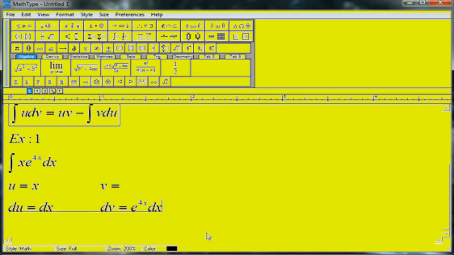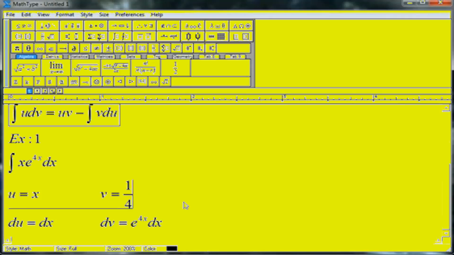And now we need to get a v. So we integrate both sides of this, and what's the integral of e to the 4x? Well, that's 1/4 e to the 4x. You can forget about the plus C's. They don't matter in this case.